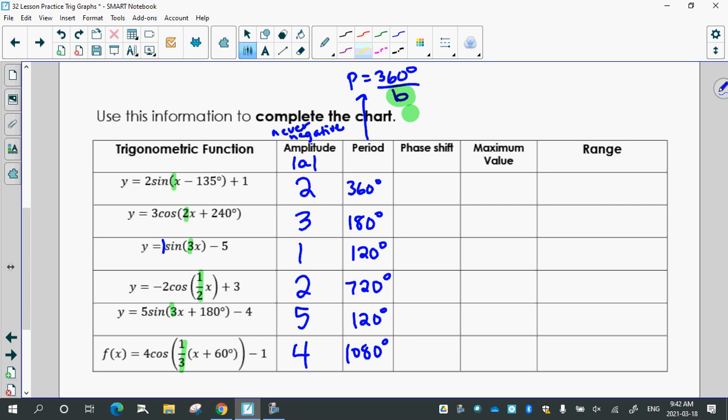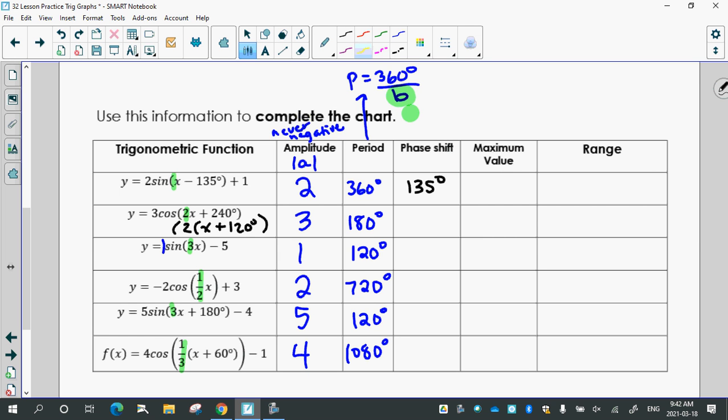Phase shift. So this one the words we would say would be right 135 degrees, which means positive 135 degrees in phase shift words. This one, we'd get tricked and write negative 240, but it's not in factored form.